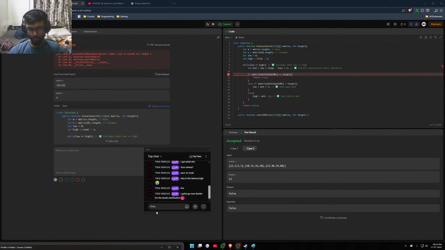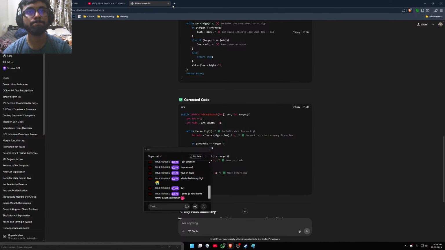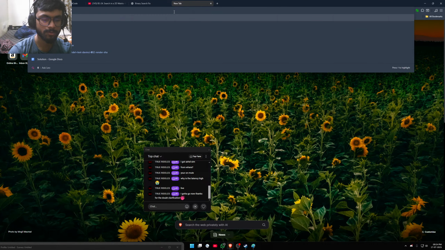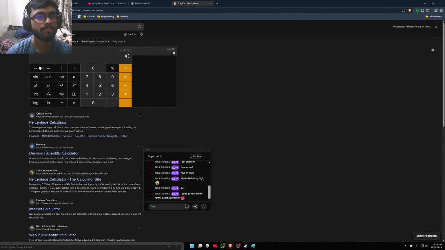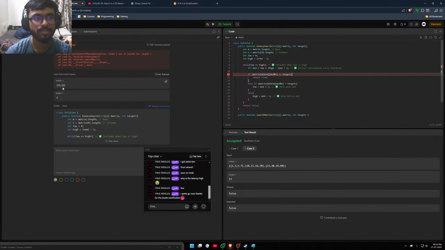And what is 0 modulo 5? It is 0. So 0 comma 0 is 1. Is it equal to target? No, it's not equal to target. Then it's working. What's the issue?